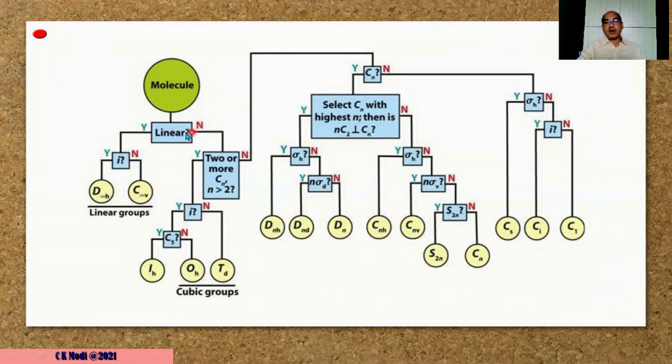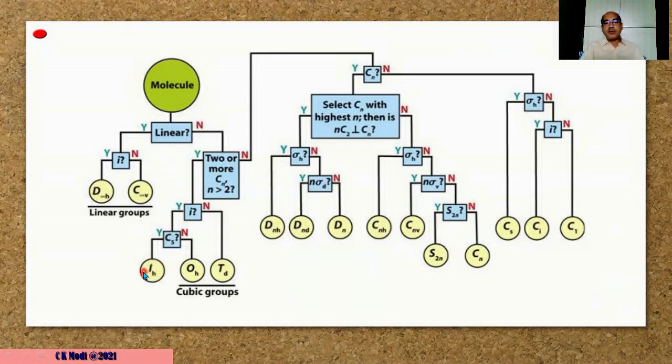On the other side, if the molecule is not linear and it has two or more rotation axes where the value of n is greater than 2, where n stands for the number of folds, like C3, C4, and so on, and center of symmetry I is present, along with which a C5 rotation axis is also present, then the point group is icosahedral.